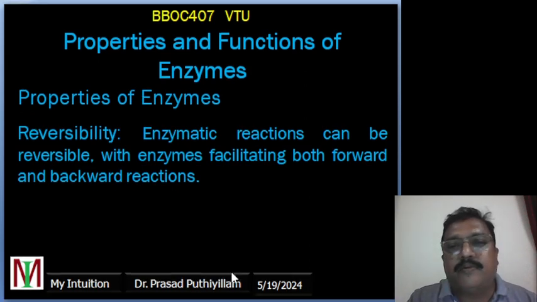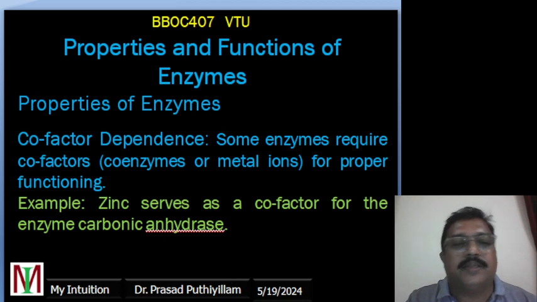Then moving to the next property, that is cofactor dependency. Cofactor dependency means just like a helping hand. Some tools are needed for a particular work, and a different tool is a helping hand. Similarly, some enzymes need help. They require small molecules called cofactors.